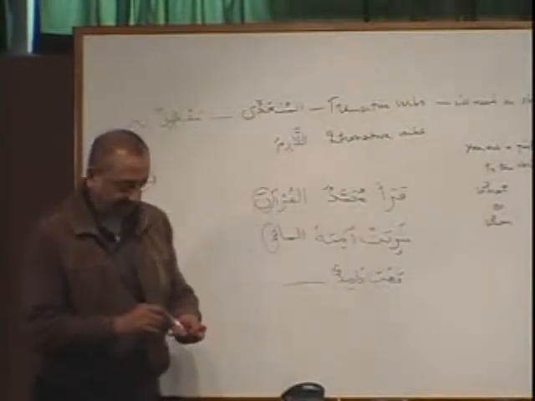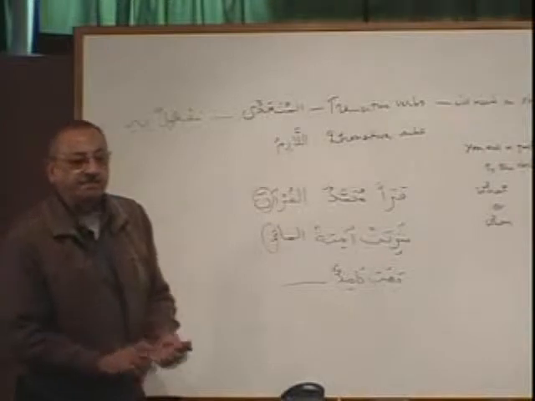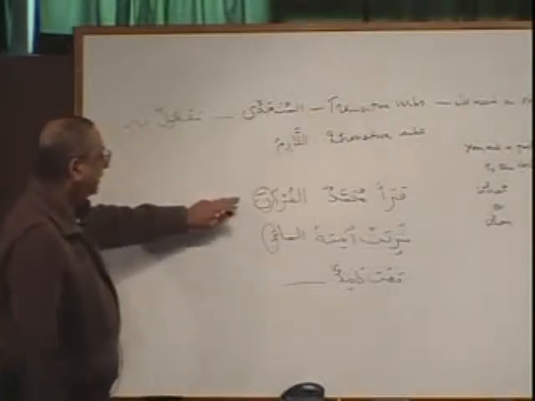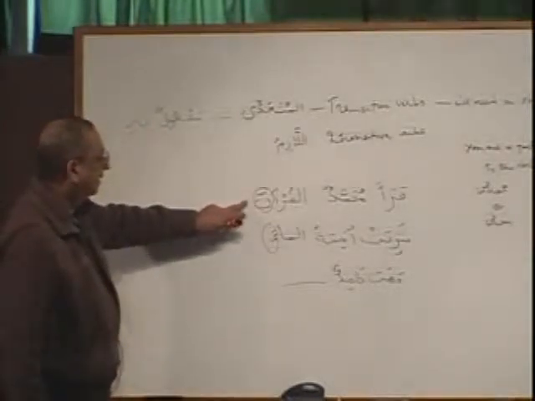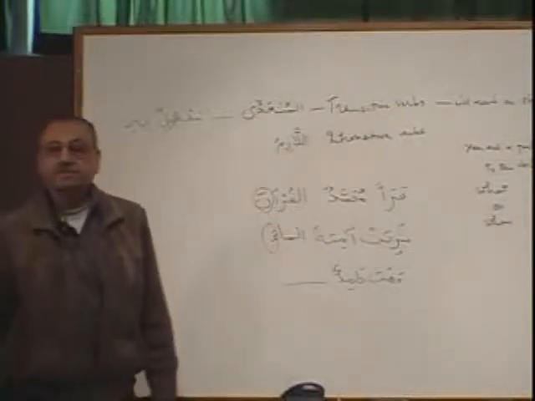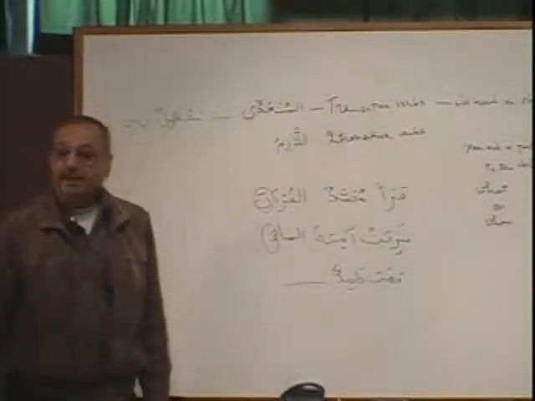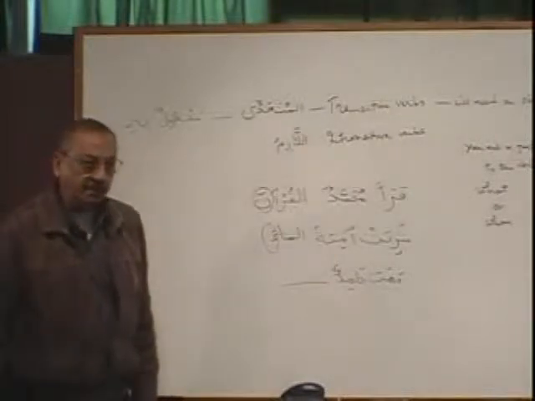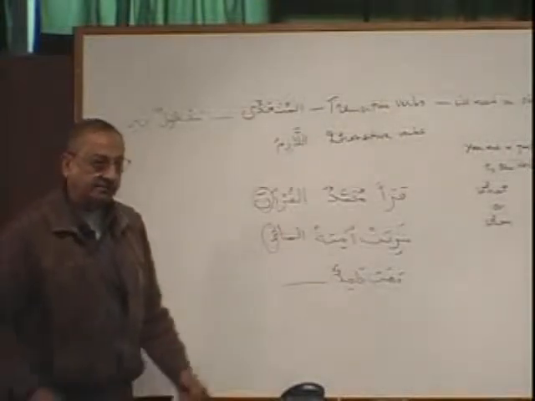Transitive. Okay. Now, here, Qur'ana and al-ma'a is maf'ulun bihi. Sahi? It is maf'ulun bihi.